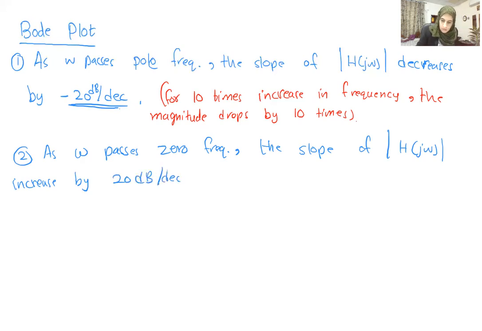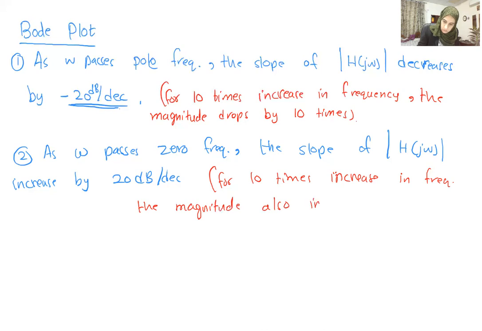Similarly, for a 10 times increase in frequency, the magnitude also increases by 10 times. Okay, I know that this is not clear, so I'm going to explain it further, but you need to remember that the pole frequency causes a decrease while the zero frequency causes an increase. Let's see what this means.